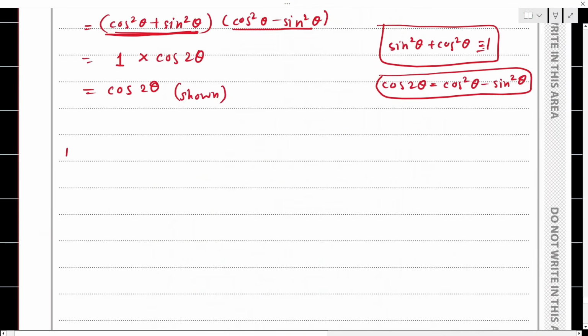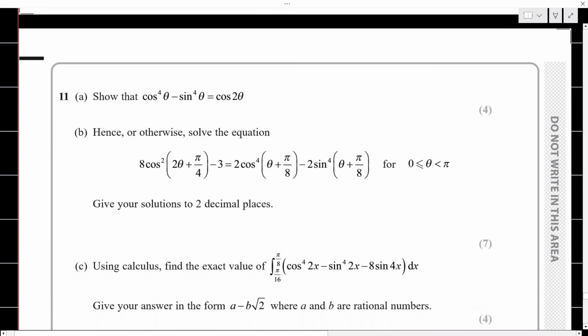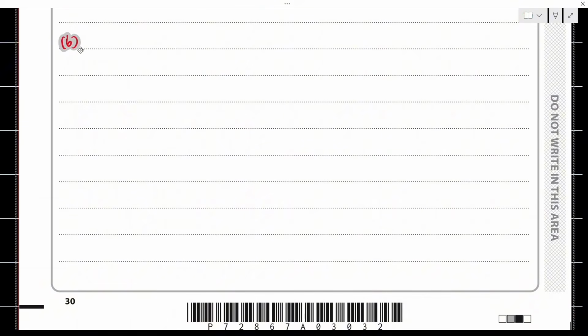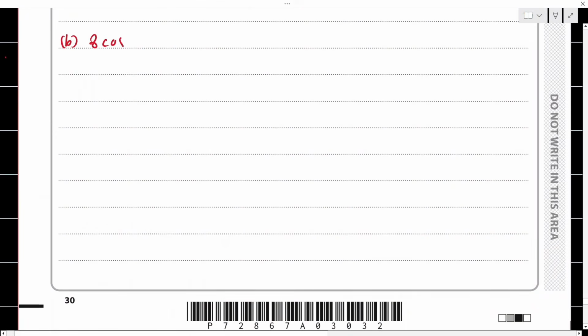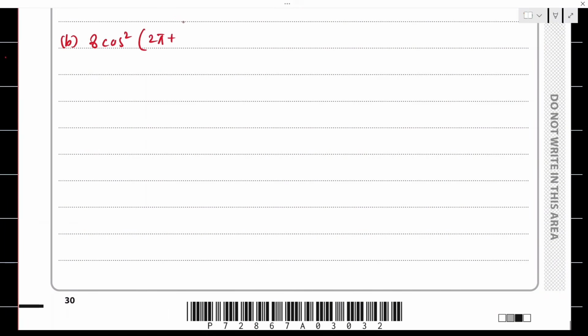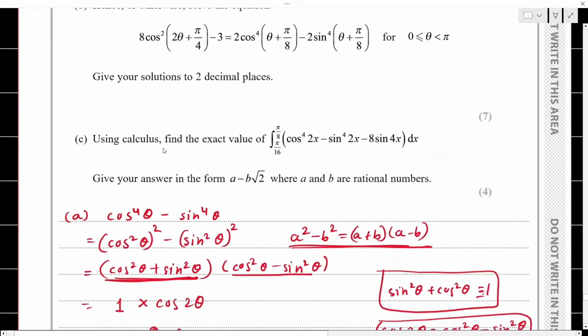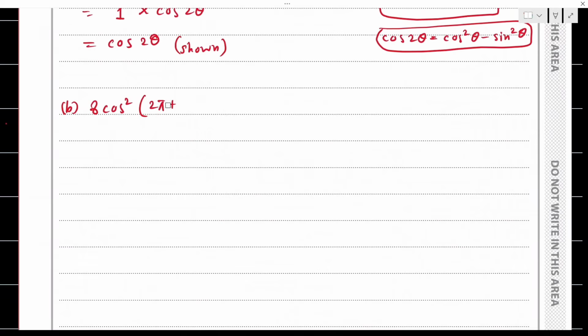To solve this equation, I will first write out the equation. So 8 cos square 2 theta plus pi by 4 minus 3 is equal to 2 cos to the power of 4 theta plus pi by 8 minus 2 sin to the power of 4 theta plus pi by 8.